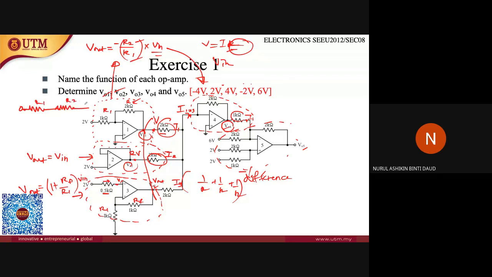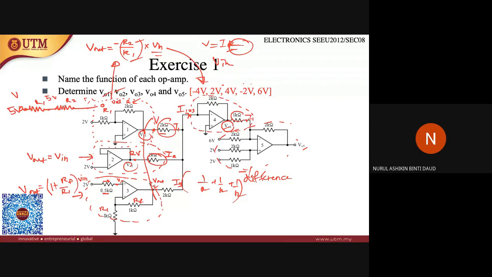No matter how many resistors you have, for example if the supply voltage is 5 volts, you measure here it is also 5 volts, and here also 5 volts normally. Unless there is an output here, the output will be different.